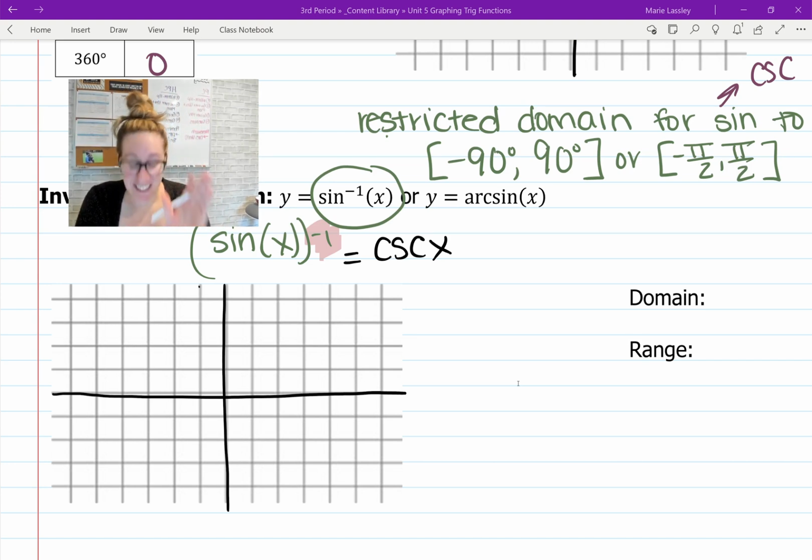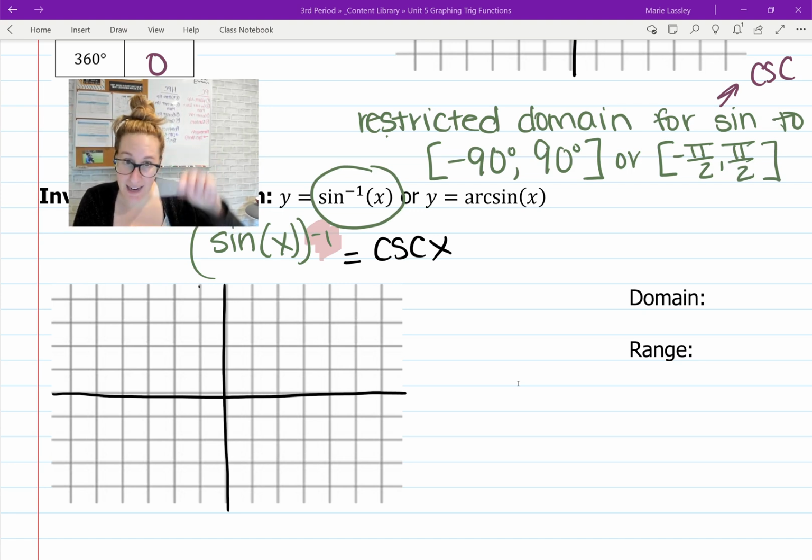Anyways, remember, we are swapping all of our x and y values. If it was an x, it's now a y. If it was a y, it's now an x. That's what inverse does, which means that my x-axis is now going to go from -1 to +1.